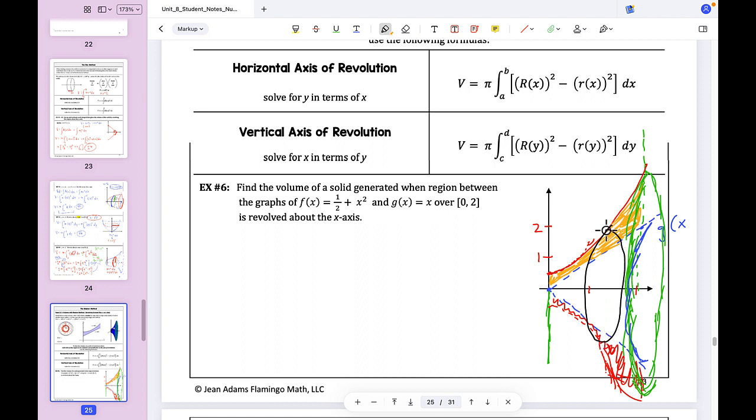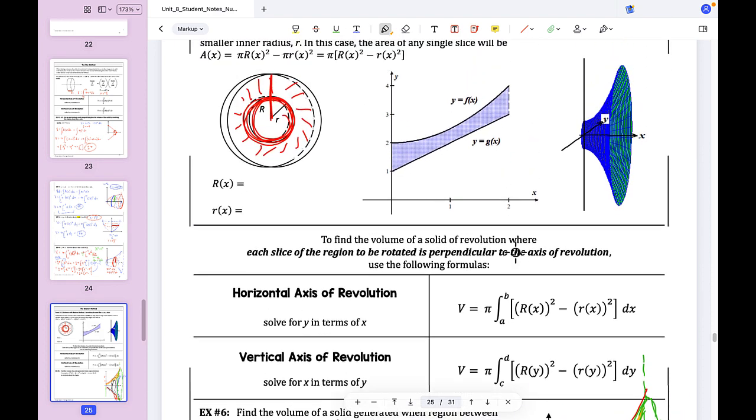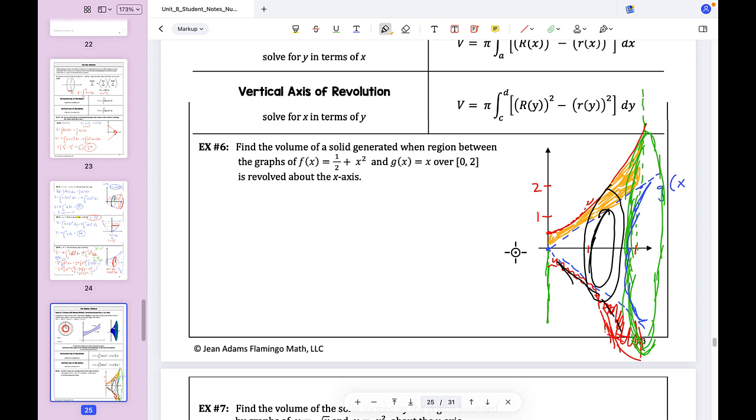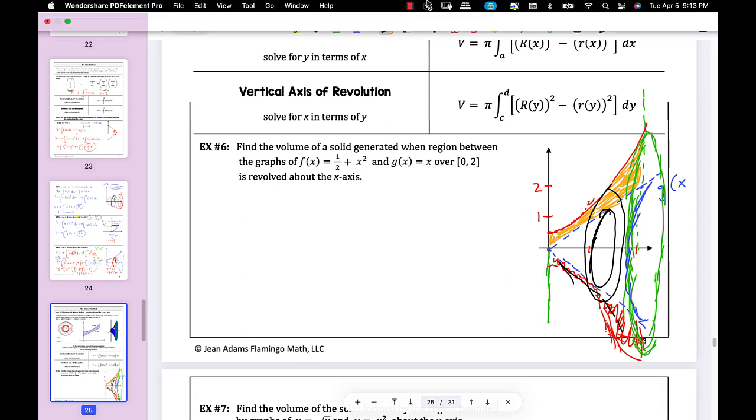So there's my disc, but then I have this hole here. I'm trying to find the volume created by these two spaces down here, okay? This space and this space. I don't know, that's a very bad drawing. I wish I could draw it better.